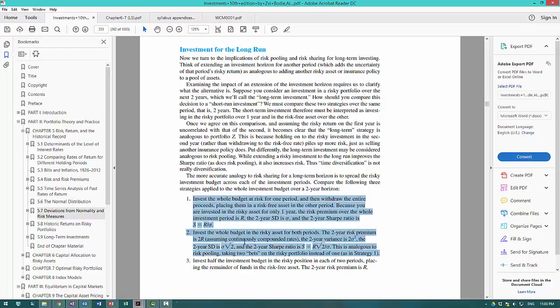Okay, here for choice number 2, relative to choice number 1, what happens is your return is higher, but your risk is also higher if you choose to invest for a longer horizon in the risky asset.